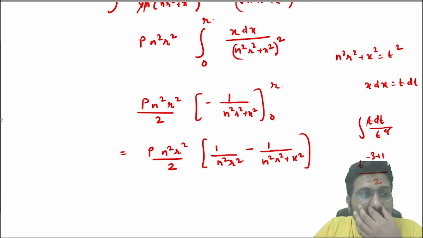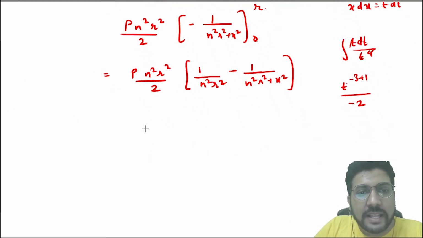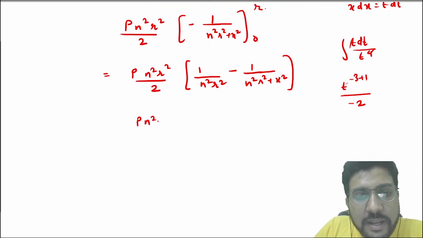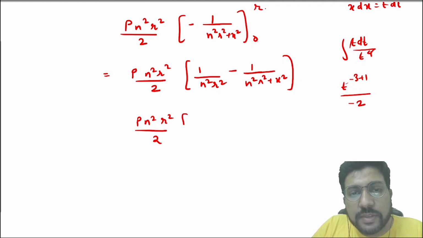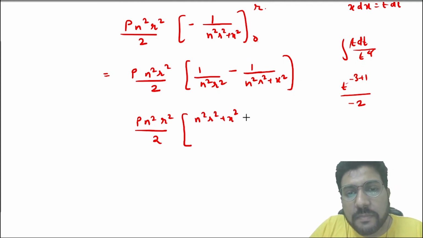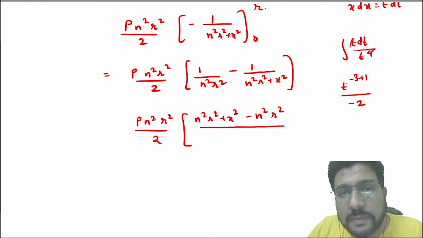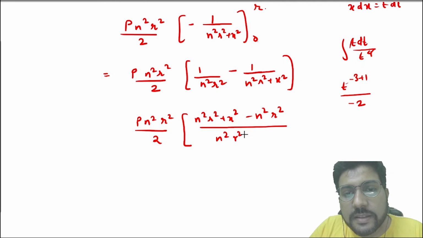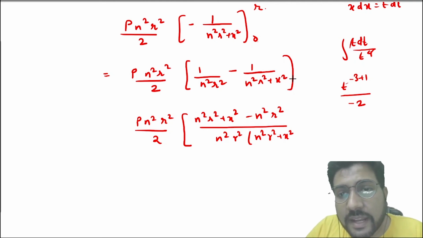Now when we take the LCM, you will get P n square r square divided by 2 into n square r square plus x square minus n square r square divided by n square r square into n square r square plus x square. Oh, sorry, x is r, so I will write r square. I put the limits, right?